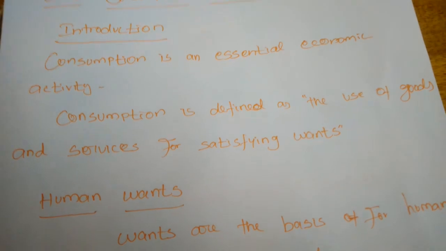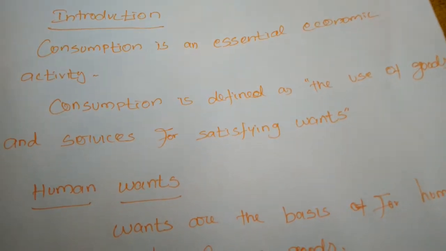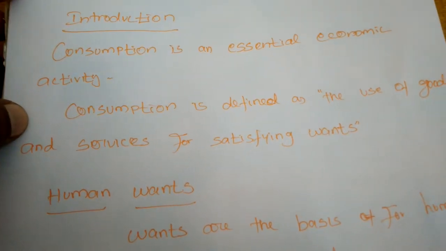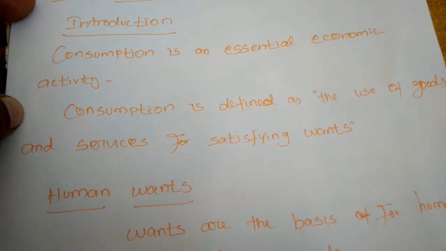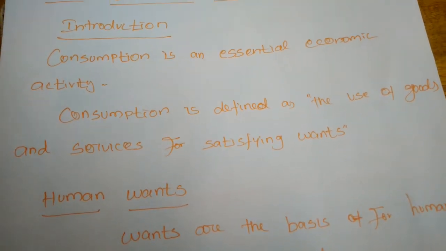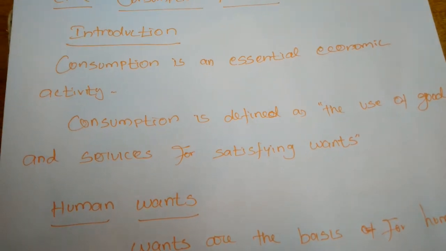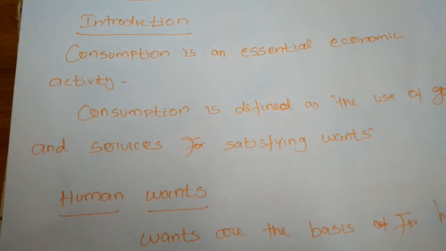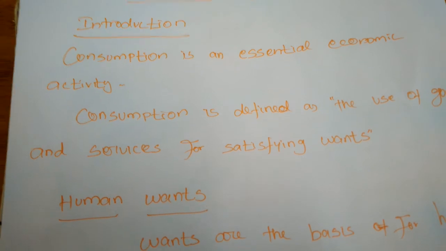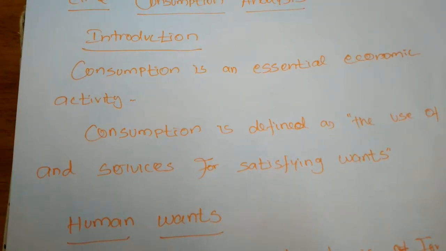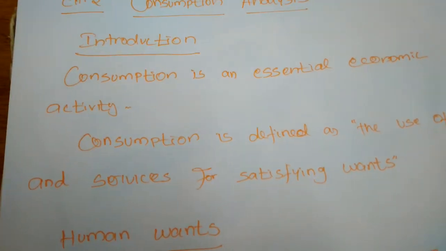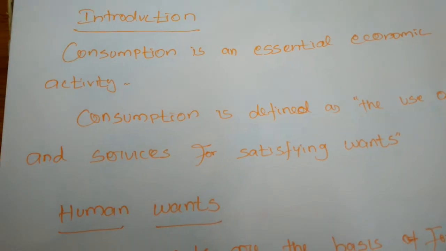So on the basis of the level of consumption we can easily understand the living standard. Likewise, if all the people in a nation have more purchasing power, we can understand that the living standard of the people of that nation may be higher.